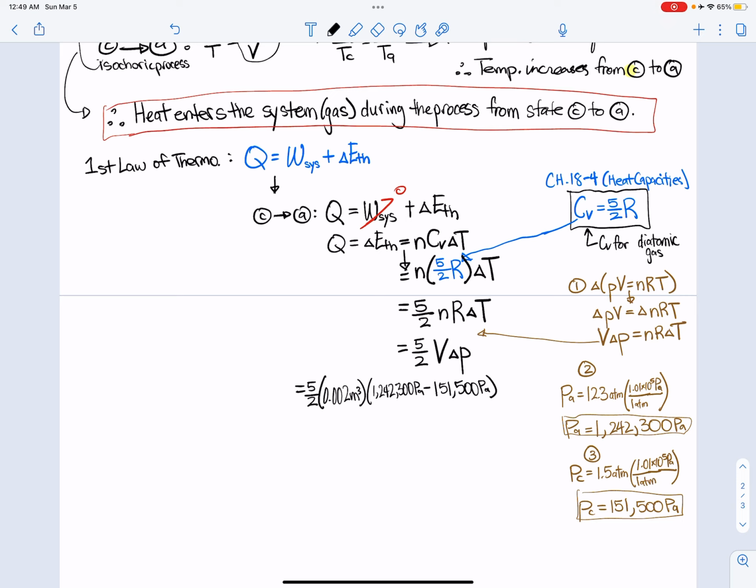If I plug that in my calculator, I get 5,454 pascals times cubic meter.